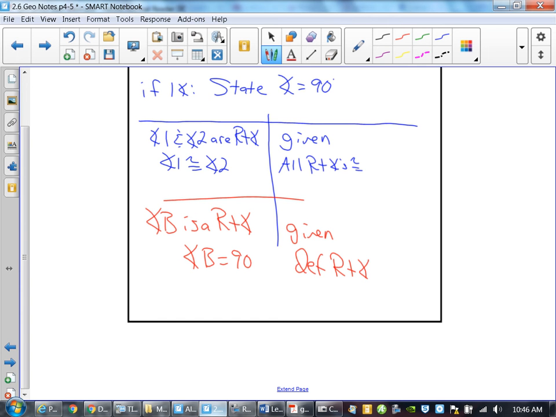Do you guys remember what vertical angles were? What was it? You had your arms moving. I thought you knew. Yeah, because like vertical, so I was like, do it with my arm. What were vertical angles then?